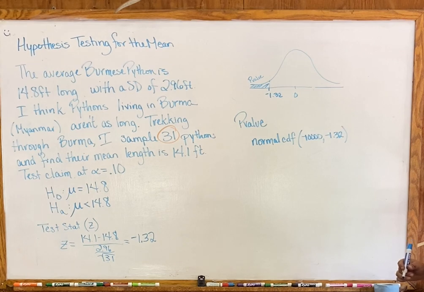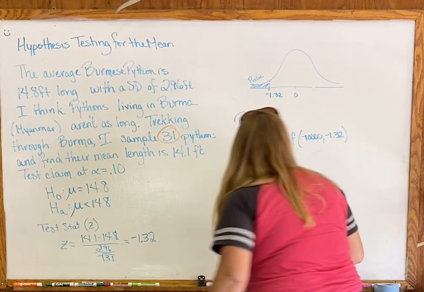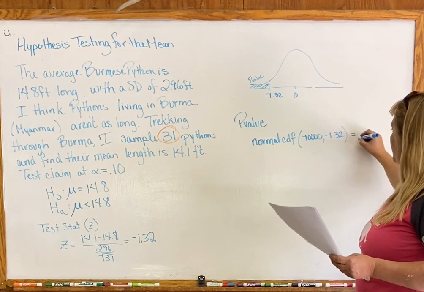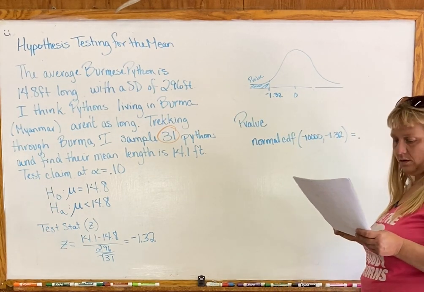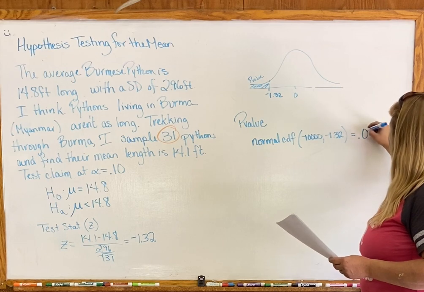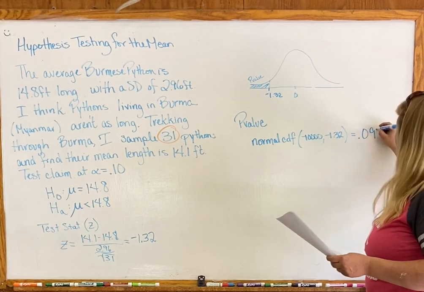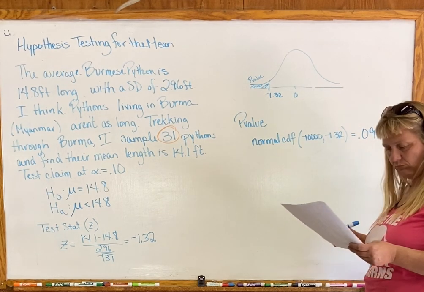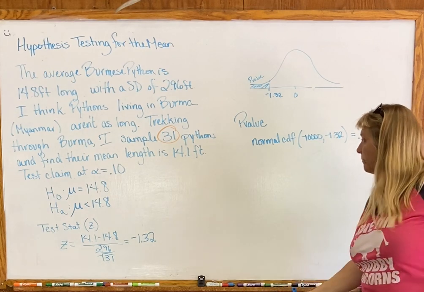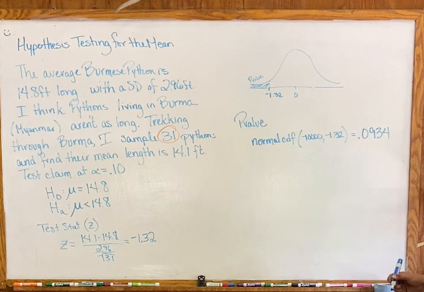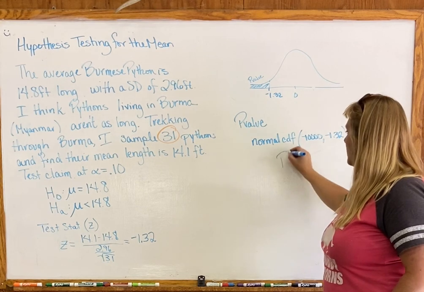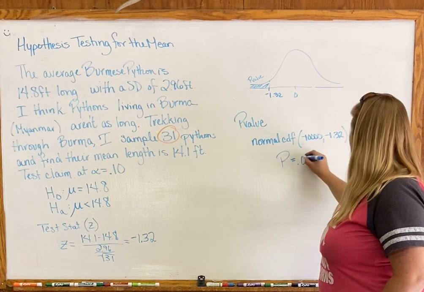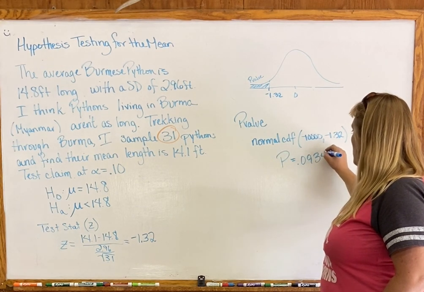Stick that in the old calculator, take a minute to do that, and hopefully you end up with 0.0934. So remember, that's our p, 0.0934.